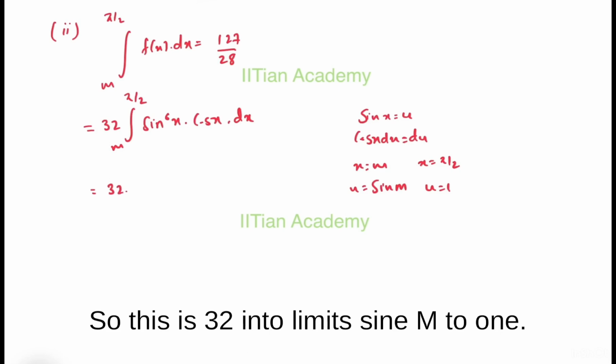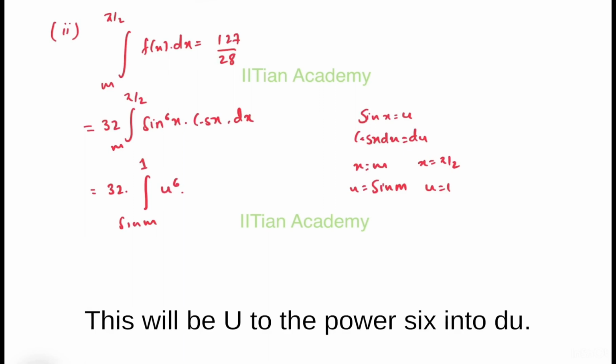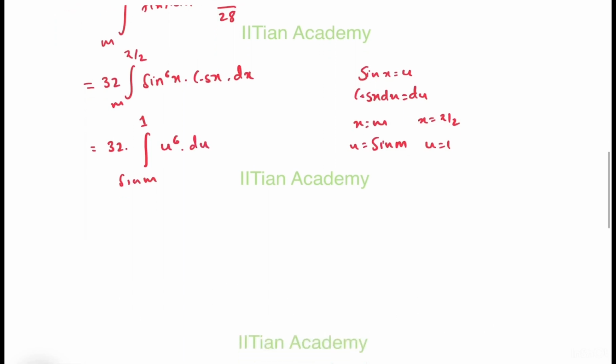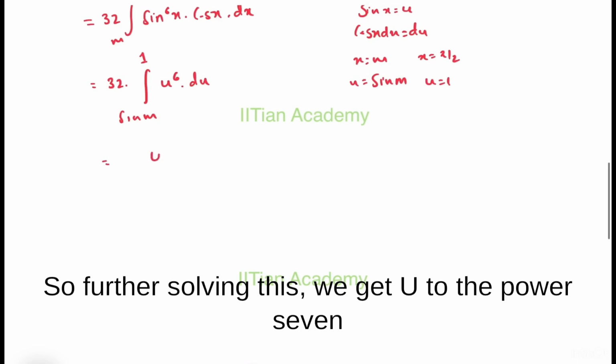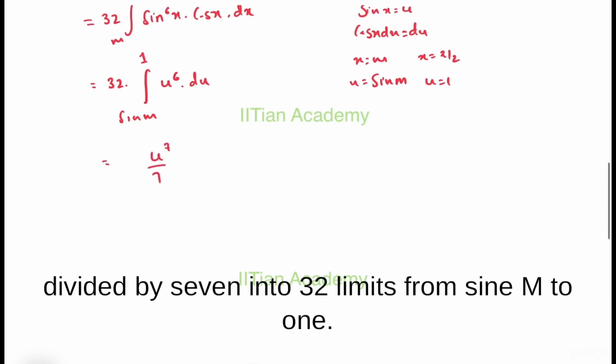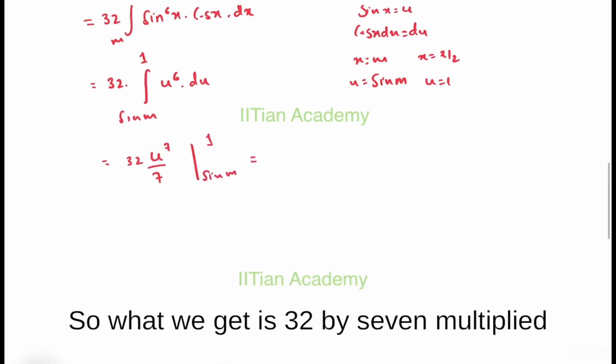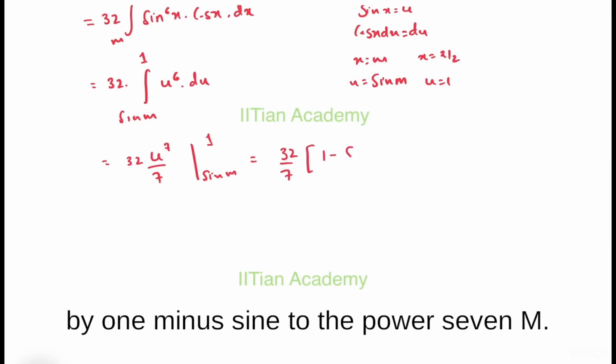So this is 32 into limits sin m to 1 of u^6 du. Further solving this, we get u^7 divided by 7 into 32, limits from sin m to 1. So we get 32/7 multiplied by (1 - sin^7 m).